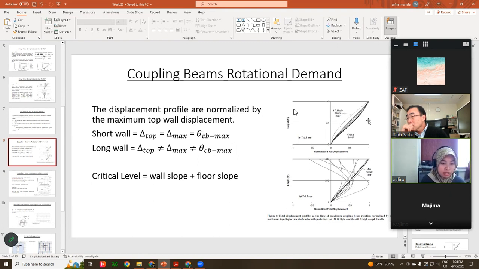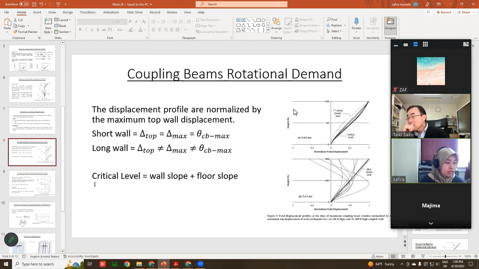We can see in figure 1 it's a straight line, and we compare to the higher story, the 20-story building, which tends to bend in the middle of the story as an effect of a higher mode mechanism. So for the long wall, the top story cannot be considered as the maximum displacement, and also cannot be considered as the maximum rotation for the coupling beam.